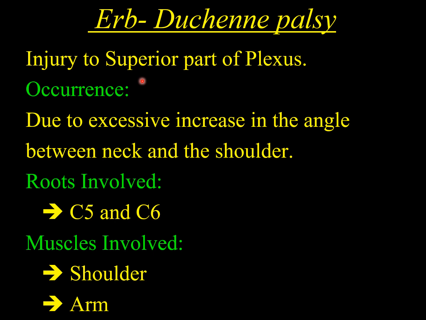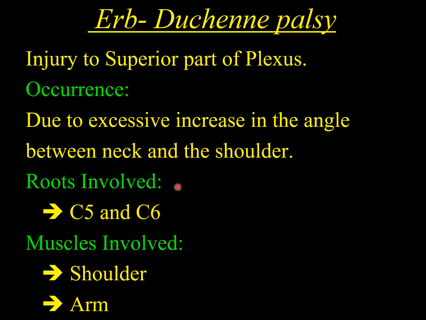Why does it occur? Due to an excessive increase in the angle between the neck and the shoulder. So any movement which increases the angle between our neck and shoulder can stretch the brachial plexus and cause injury to the brachial plexus.